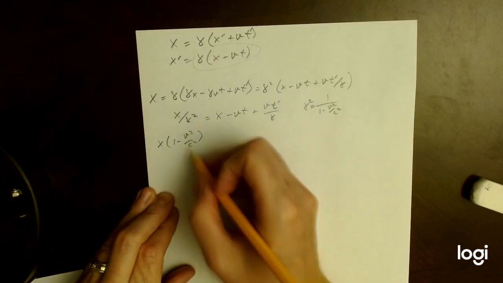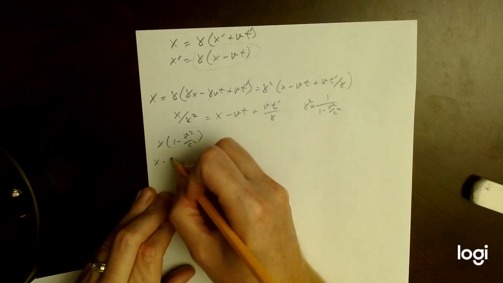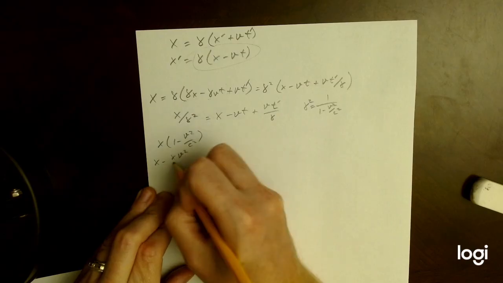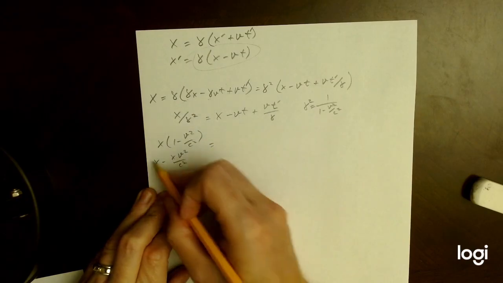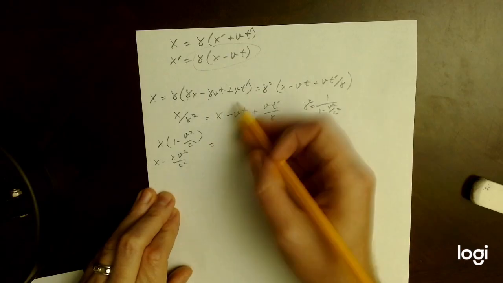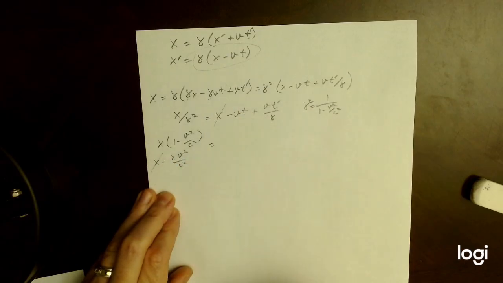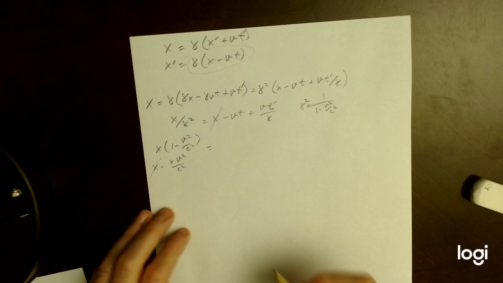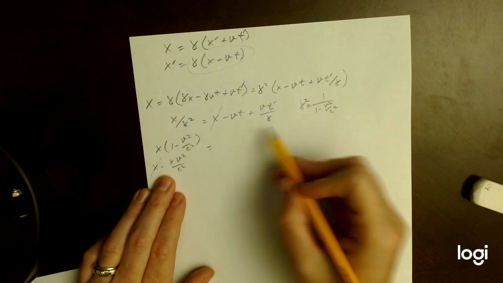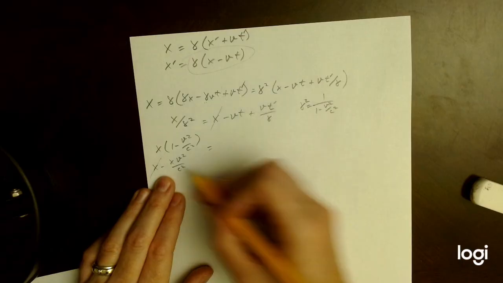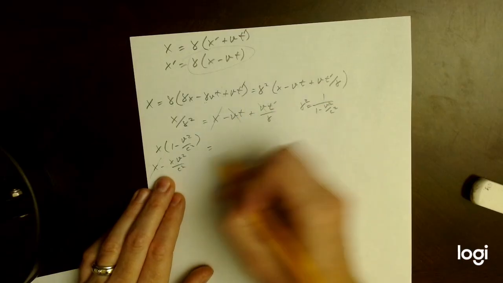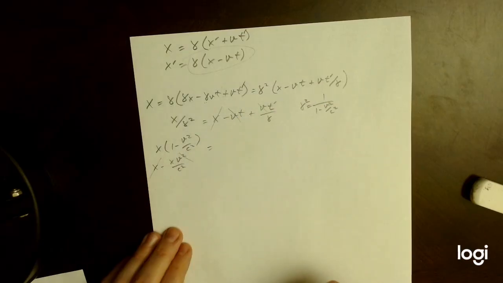And if I expand that, that's x minus x v squared over c squared. And all of that is equal to this, which has just an x. So I'm going to cancel the x on both sides of that equation. And then what remains, everything has at least a factor of v. So I'm also going to divide one factor of v from everything.